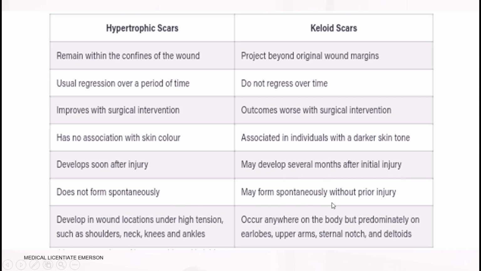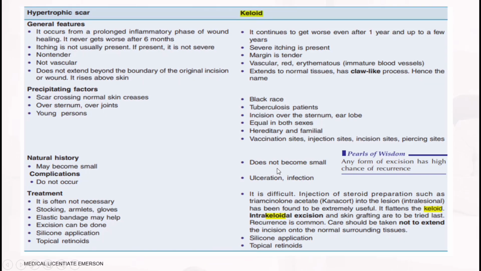Hypertrophic scars do not form spontaneously, while keloids may form spontaneously without prior injury. Then hypertrophic scars develop in wound locations under high tension, such as shoulders, neck, knees, and ankles. Keloids occur anywhere on the body, but predominantly on earlobes, upper arms, sternum, and deltoids.